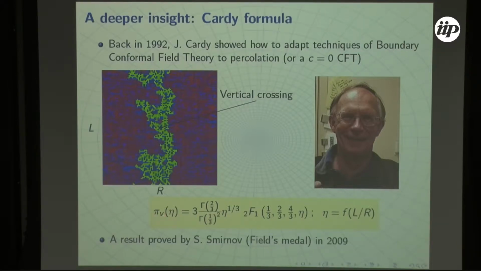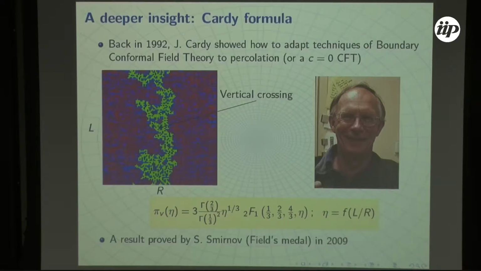The formula he provided made use of boundary conformal field theory, namely he was able to map this cluster configuration to a 4-point function of a certain operator. The operator is a field theory operator inserted at the boundary, at the 4 corners, and the 4-point function turns out to be a hypergeometric function of eta, which is a function of the aspect ratio of this rectangle.